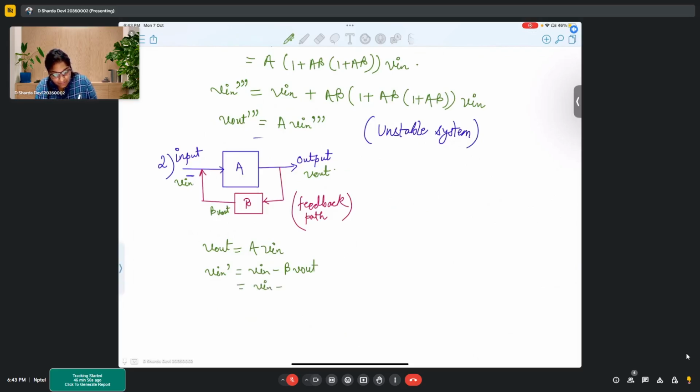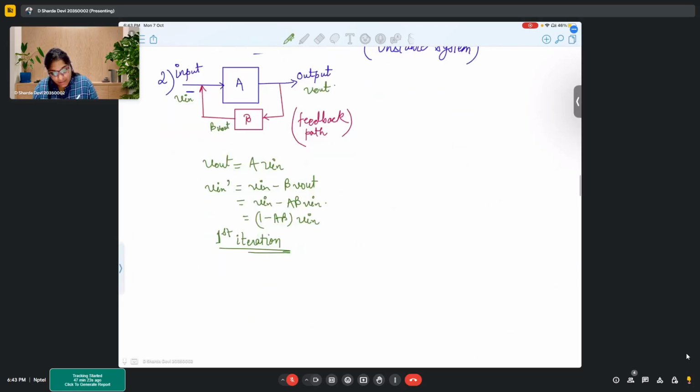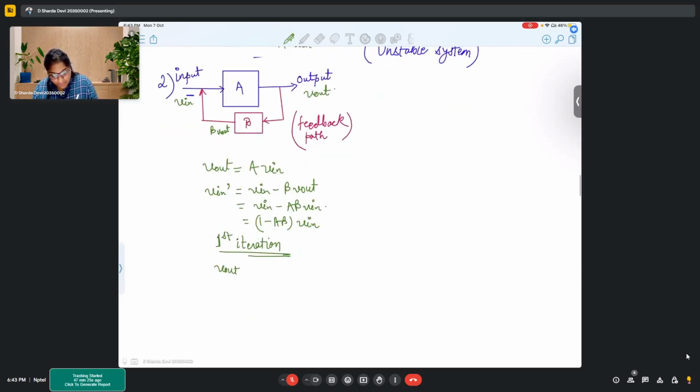That is V in minus A beta V in, which is 1 minus A beta into V in. So this is the idea. Now, again, when this is fed, so first iteration, your V out dash is A into V in dash.